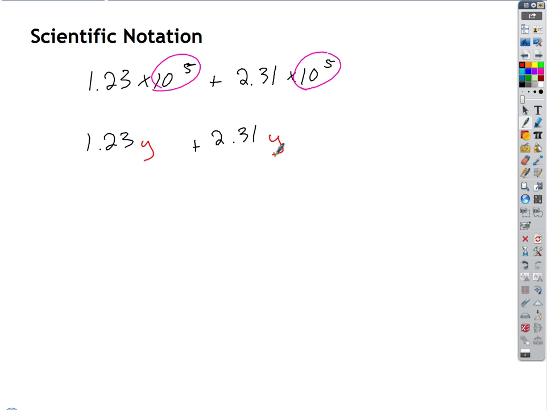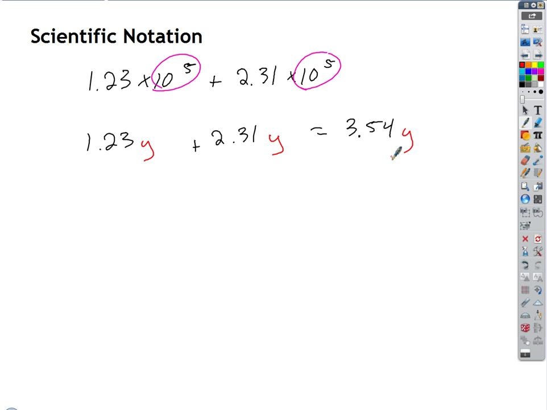Everybody agree? This is just going to be, you tell me, 3.54, did I do that right? 3.54y, right? Same thing here: I have 1.23 groups of y plus 2.31 instances of y, maybe I should say. So I have that many total.